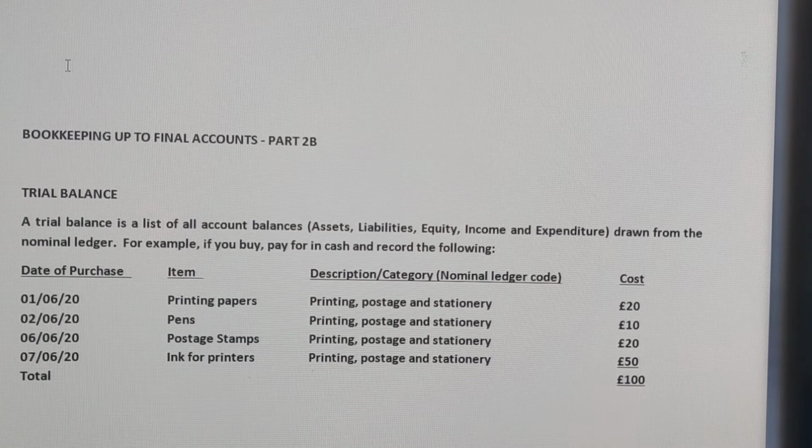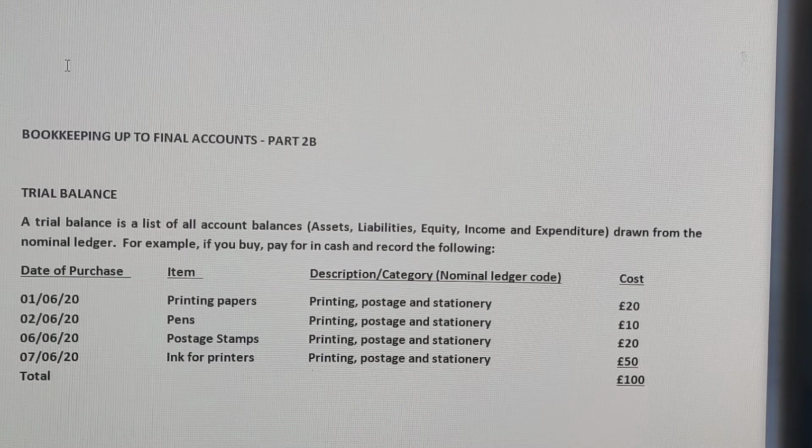For example, if you pay for the following in cash, and you need to record them immediately. Say on the 1st of June 2020, you buy printing papers. You describe it as printing, postage, and stationery and give it that code.